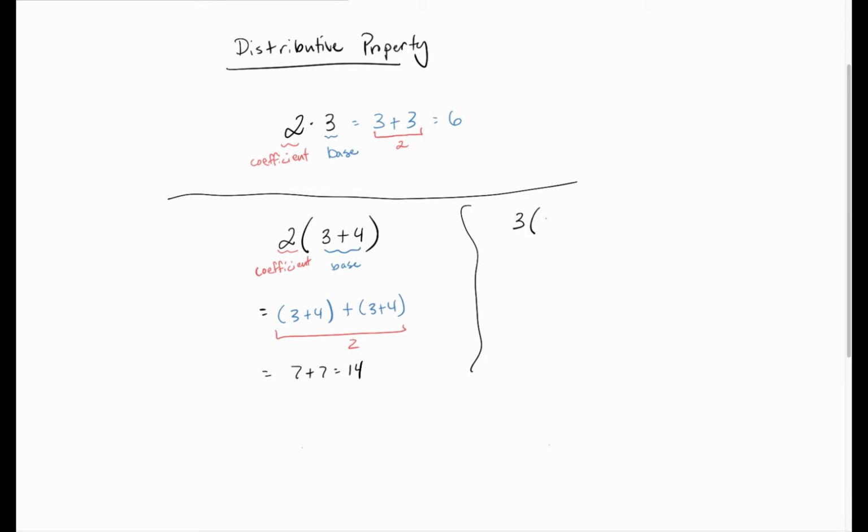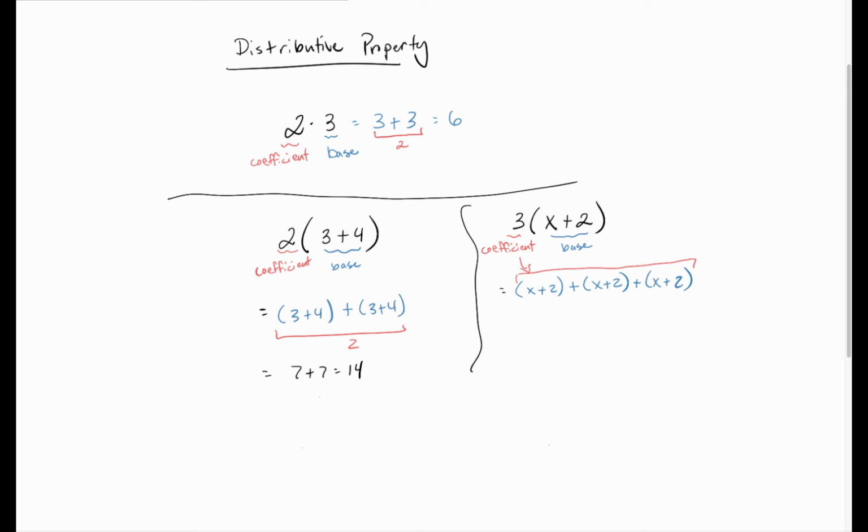For example, let's say we had 3 times the quantity x plus 2. In this case, our base is x plus 2, and our coefficient is 3. Well, if that's the case, then we have a base of x plus 2, and we know that we have 3 of them since our coefficient is 3.